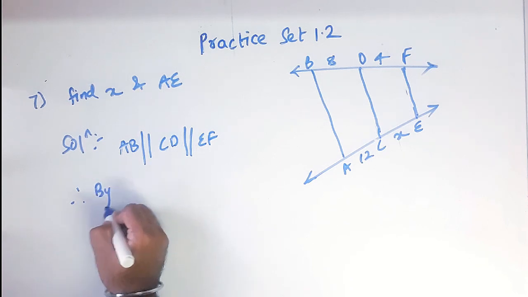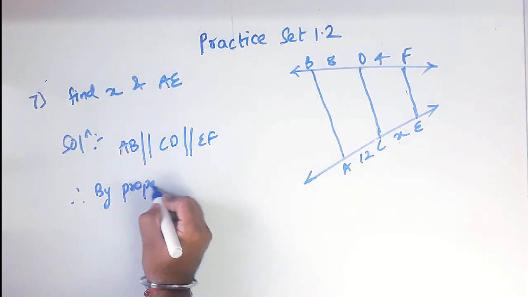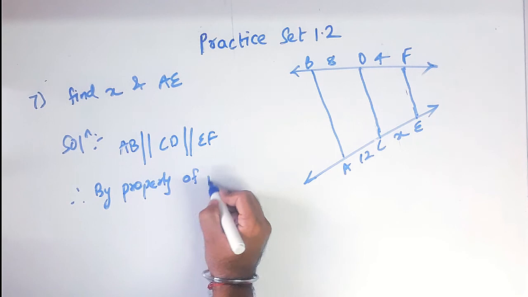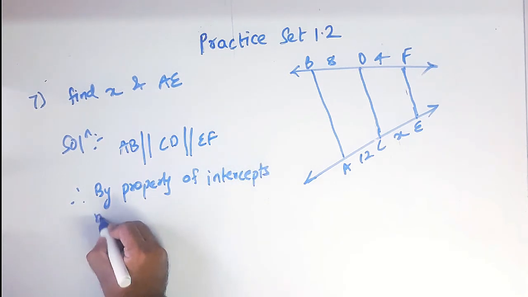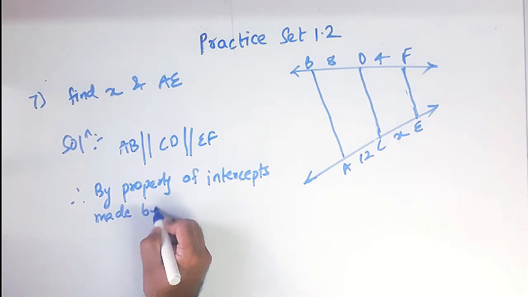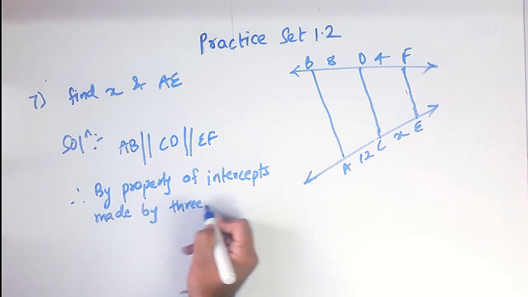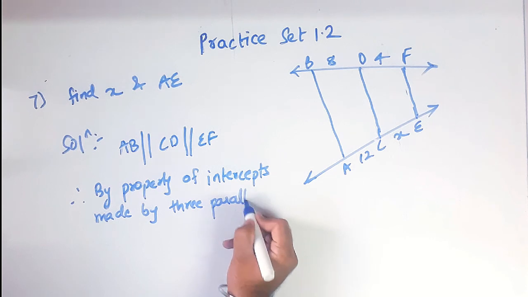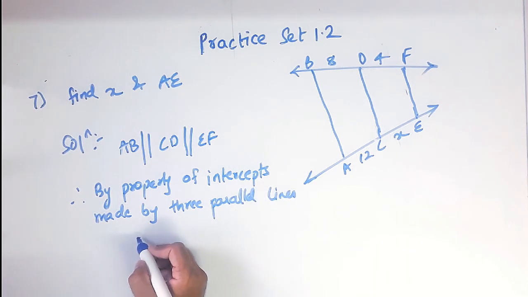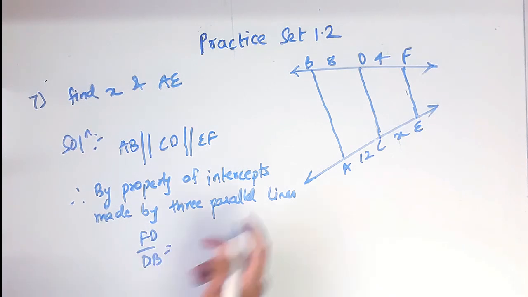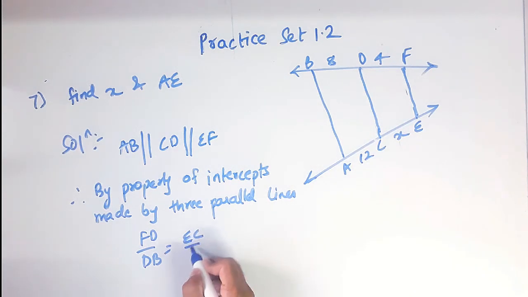Therefore, you will write the whole reason by property of intercepts made by three parallel lines. So it will be FD upon DB, this intercept upon this intercept, equals EC upon AC.